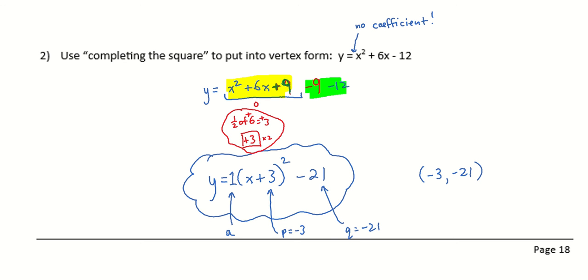Okay, we know that it hasn't been stretched, but since a is positive, it opens up. And from the last video as well, we could look at the standard form and know that that's the y-intercept. Okay, so there's a bunch of things that we can get. So that's basically an example of completing the square.